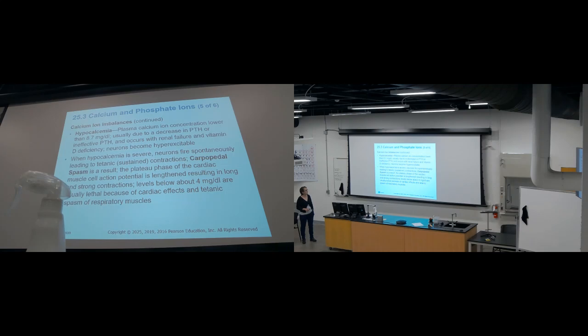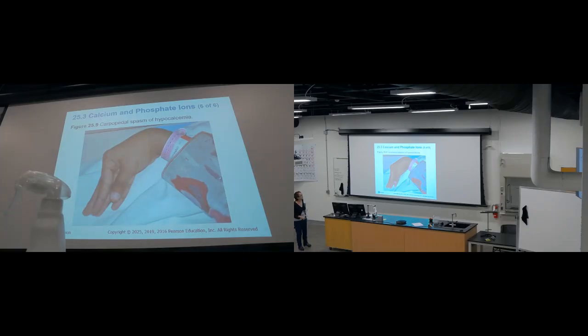So something that happens in our muscles when you have severe hypocalcemia is that you have a spontaneous generation of action potentials, which can lead to contractions of the muscles, especially in the hands. So this is called carpopedal spasm. And then that sometimes also can lead to tetanic spasm of the respiratory muscles when your levels are super low, lesser than 4 milligrams per deciliter.